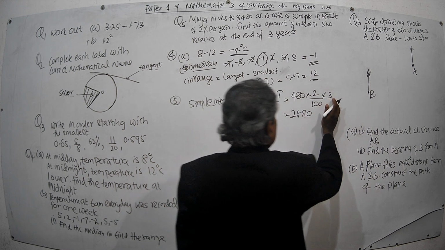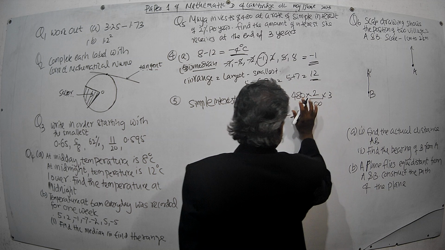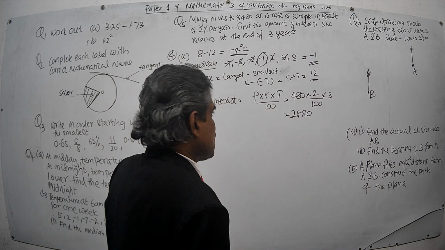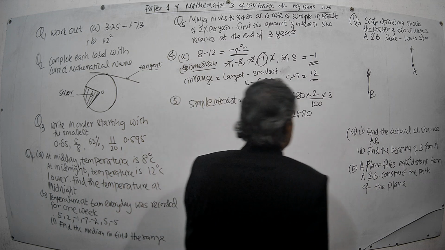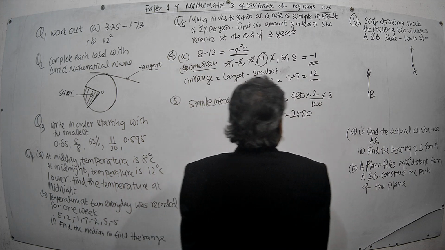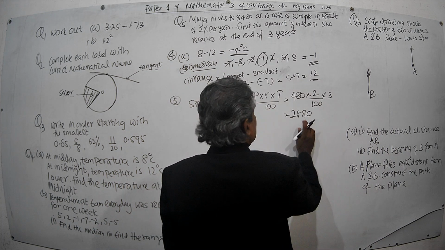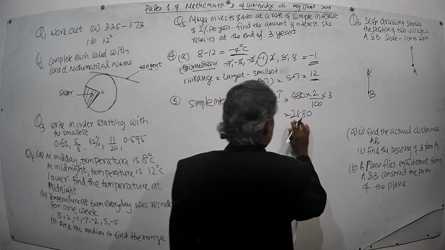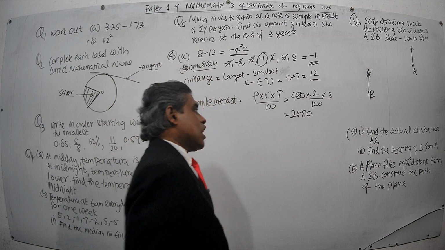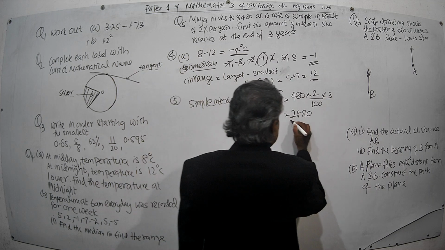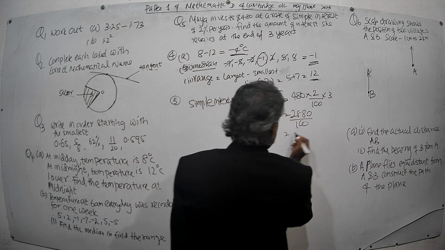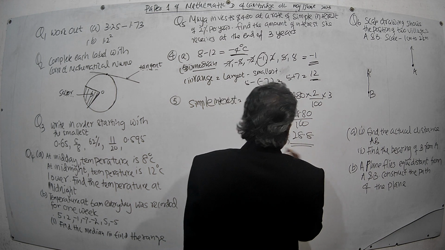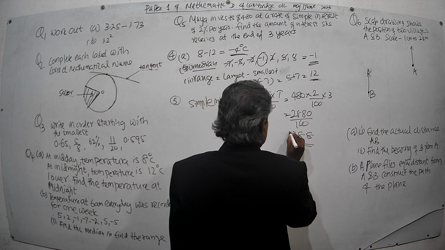So that is 2880 divided by this 100. Then divided by this 100, it is how much? 28.8. You get dollars here.